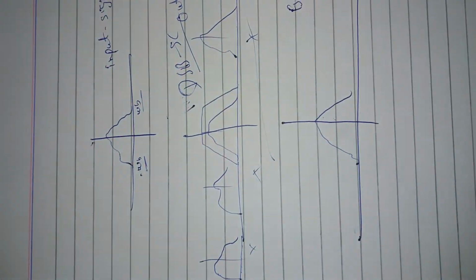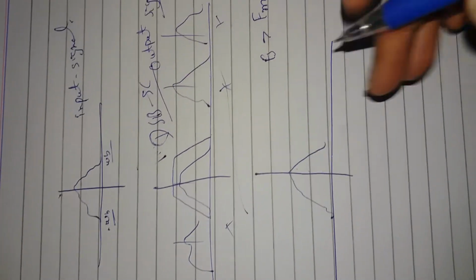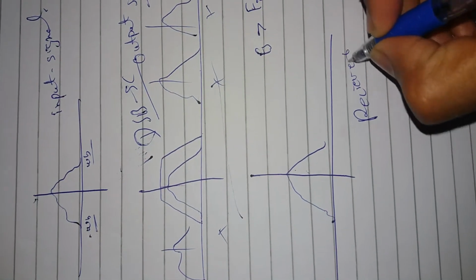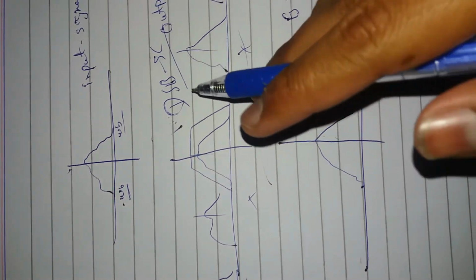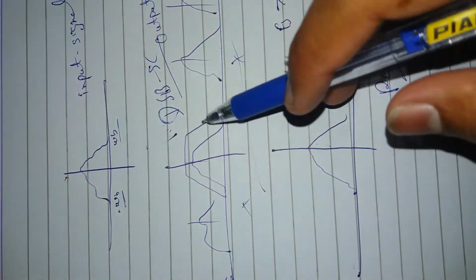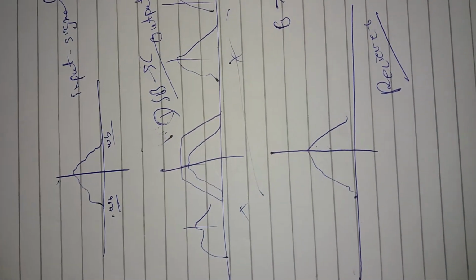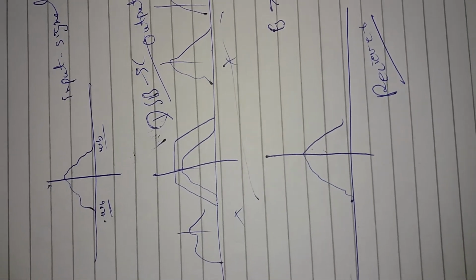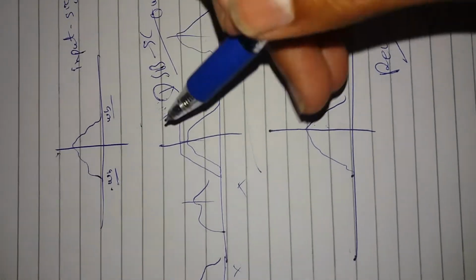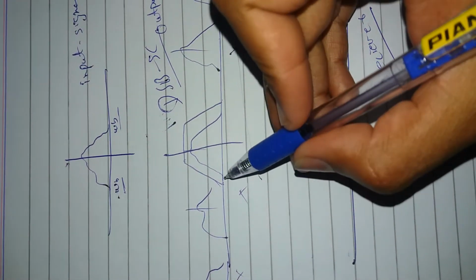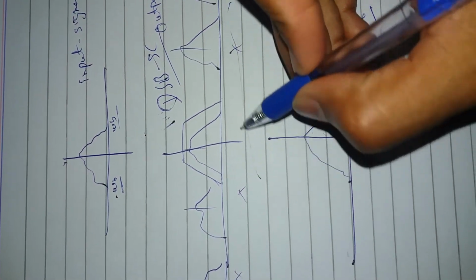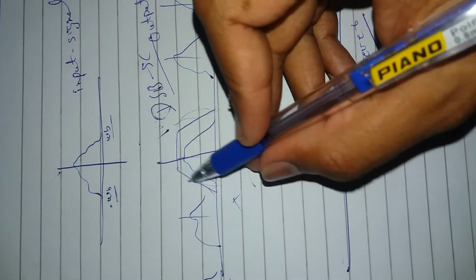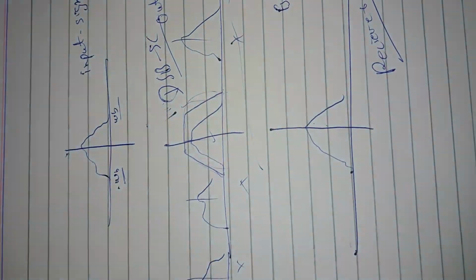Now at the receiver side, we're talking about communication, we want to get the original signal from this modulated signal. Obviously we're going to demodulate it and then pass it through the low pass filter. In demodulation we're going to select this, and in the low pass filter we'll select this signal.